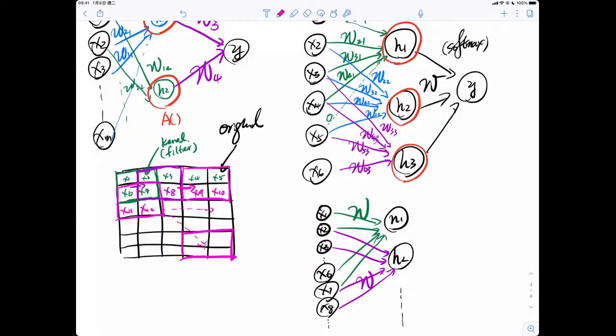So we can move the kernel from the left-hand side to the right, and from the top to the bottom, to describe how local information of the original data can be extracted by the kernel.